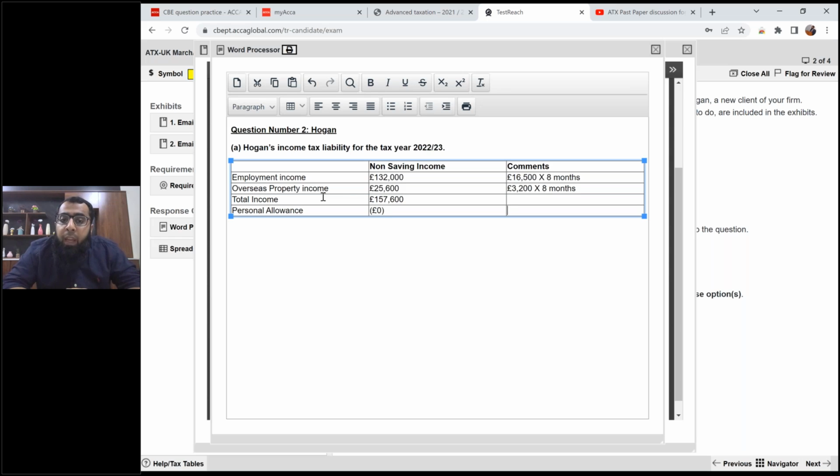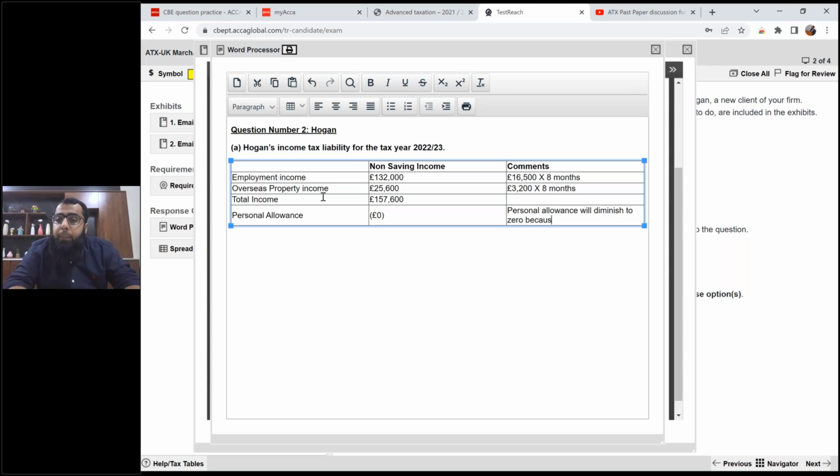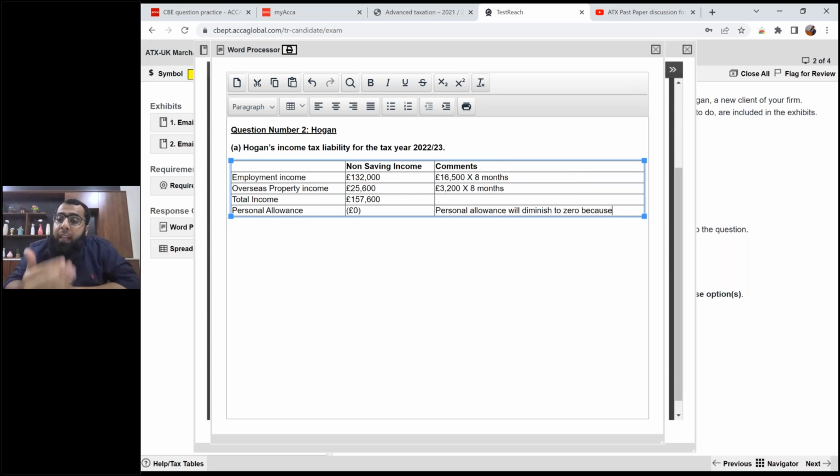Can anyone tell me why personal allowance will diminish to zero? Yes, because the income exceeds the threshold amount. Now, when you exceed £100,000, your allowance diminishes by £1 for every £2 excess.